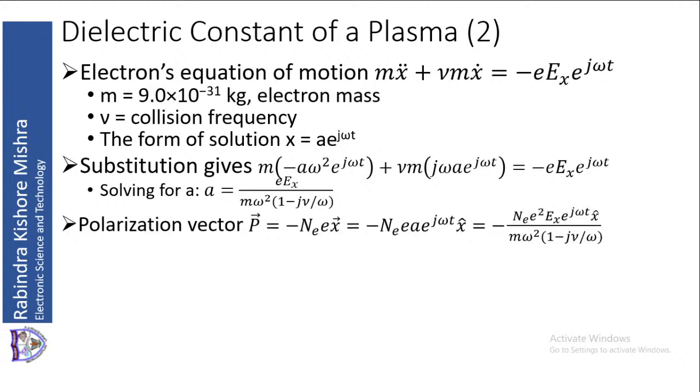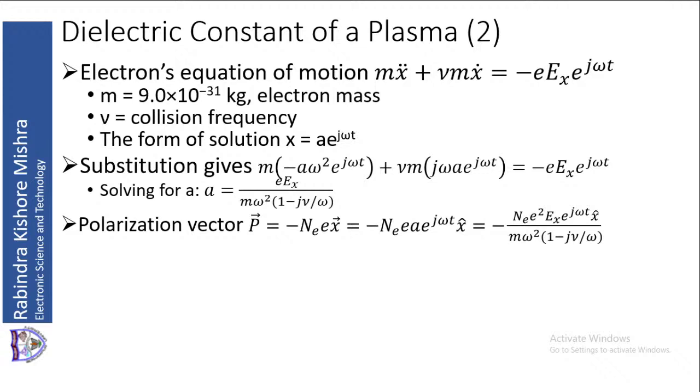So this is the form of the solution. Using this, now we'll look at the polarization vector. The polarization vector expression we have already seen is equal to minus Ne into e into d, and because we are taking the electron motion in the x direction, d is equal to x. So minus Ne into e into x.